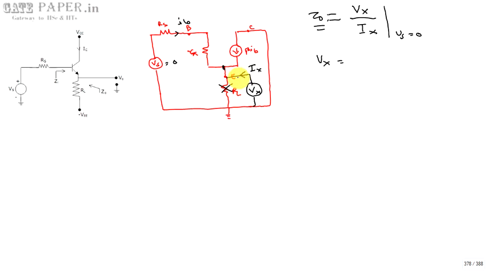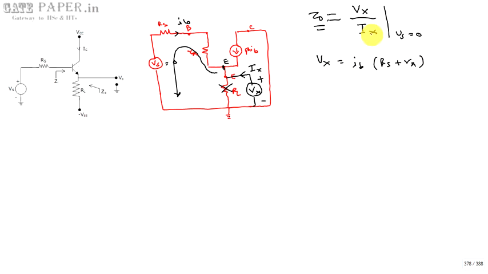Since Vs is 0, we don't consider it. The current flowing through both resistances is the same, that is IB, so Vx is IB times Rs plus R pi.